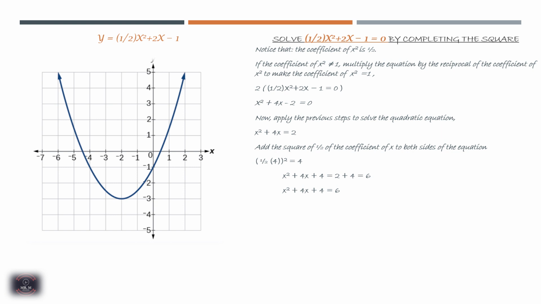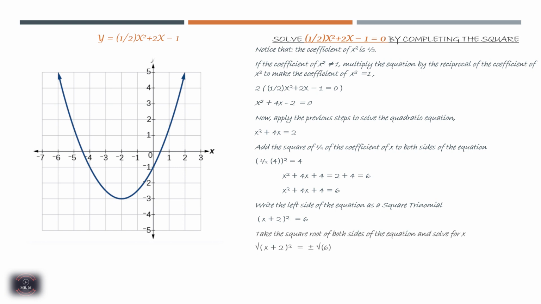Adding 4 to both sides, x squared plus 4x plus 4 will equal 2 plus 4, which is equal to 6. Now, write the left side as a square trinomial. Thus, the equation becomes x plus 2 the whole thing squared equal to 6.